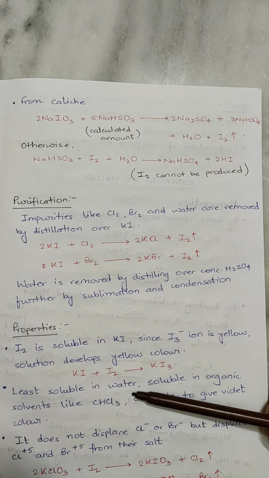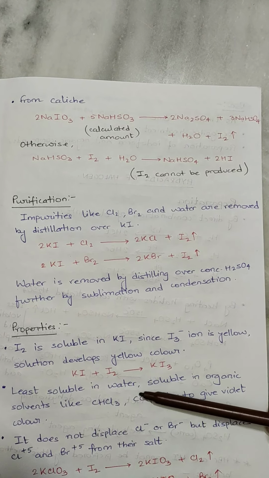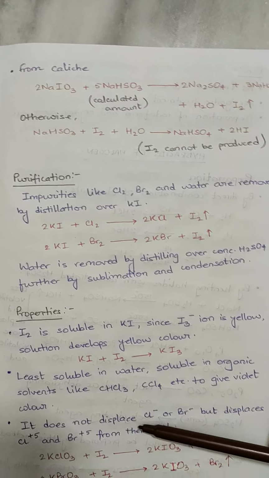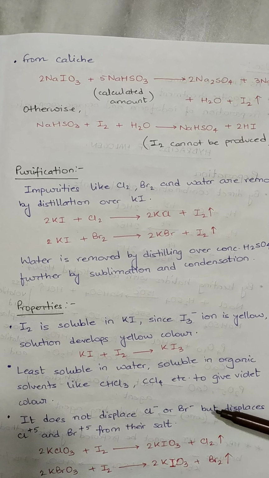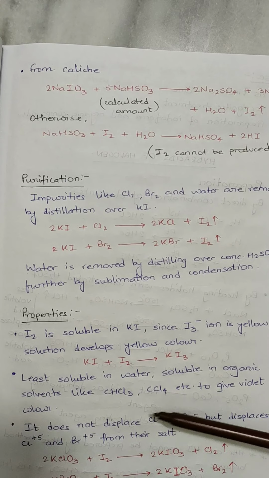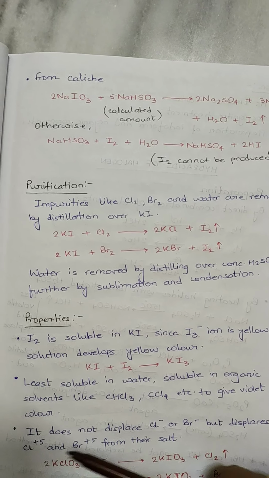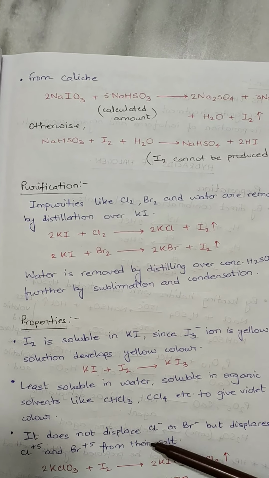Next is, it is the least soluble in water among all the other halogens. It is soluble in organic solvents like chloroform, CCl4, benzene, ethers and any other organic solvents, and it gives a violet color in organic medium. It does not displace Cl minus or Br minus, but displaces Cl plus 5 and Br plus 5 from their salt.